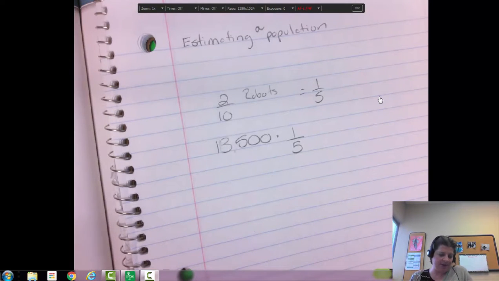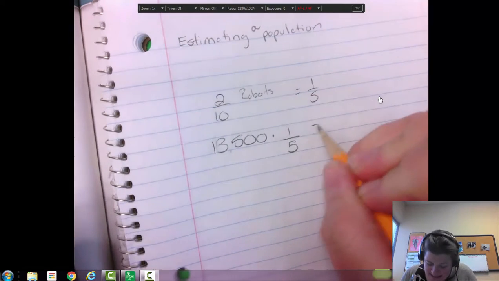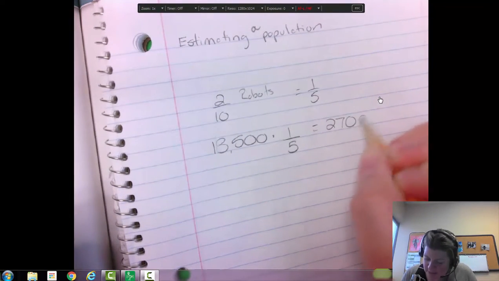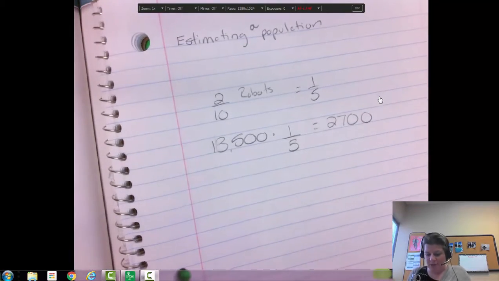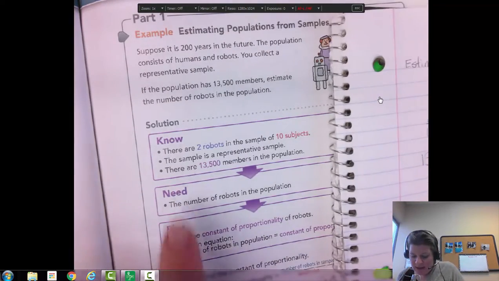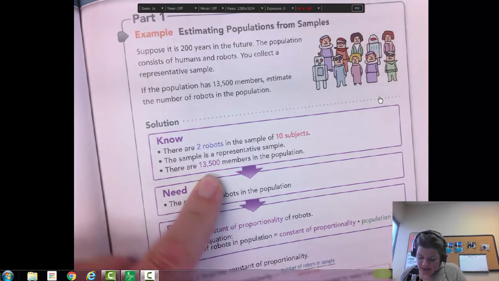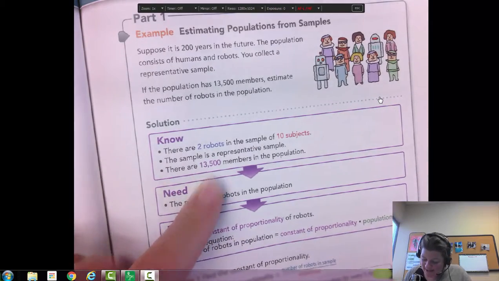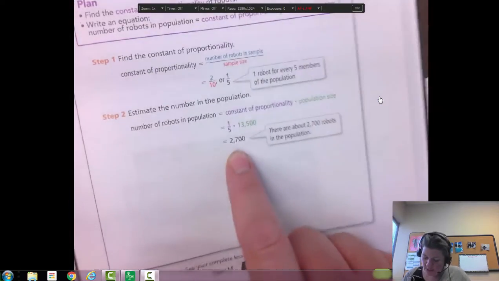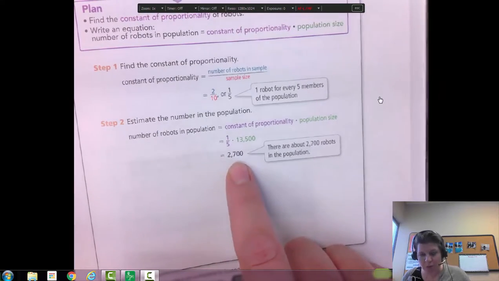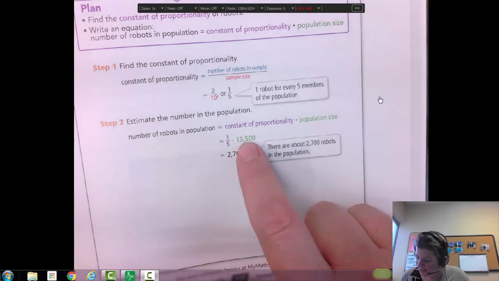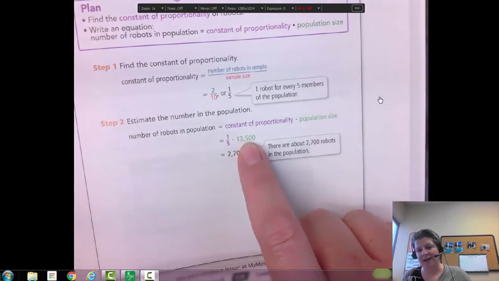I'm going to steal my calculator. So 13,500 divided by 5 or times 1/5 is going to equal 2,700, right? And so there is going to be about 2,700 robots in a population of 13,500.